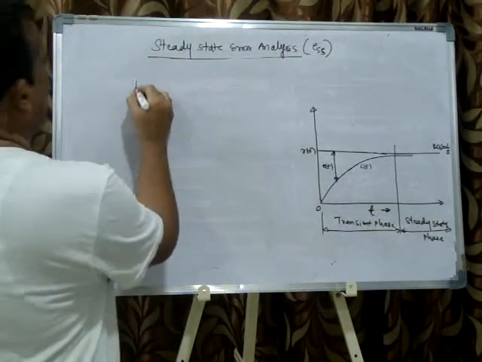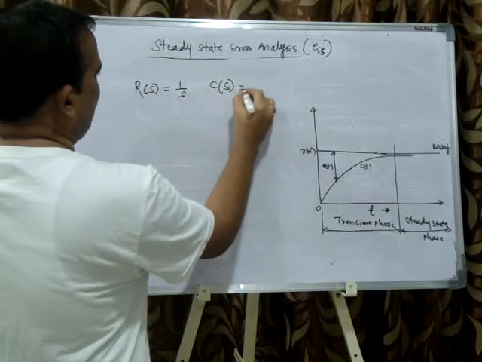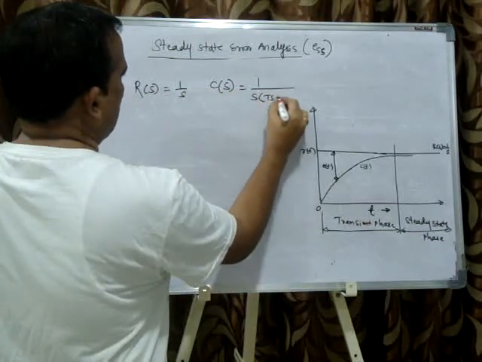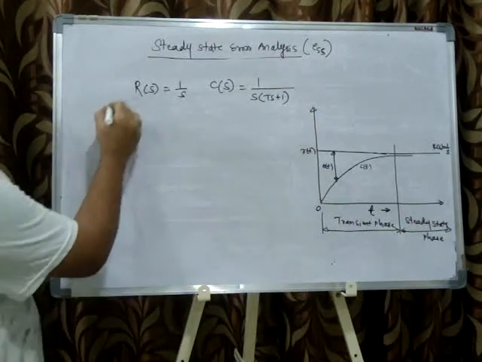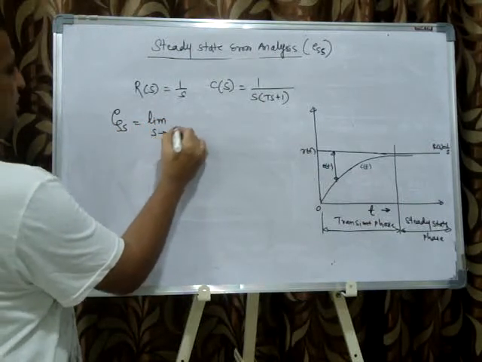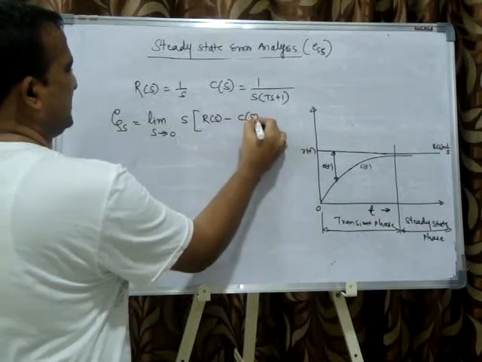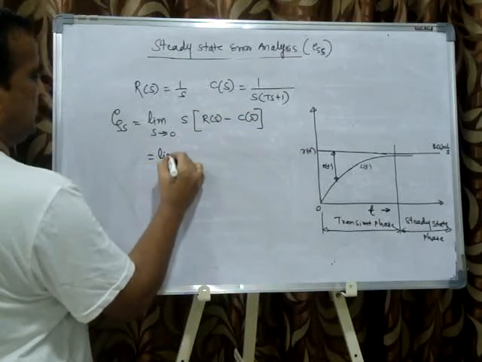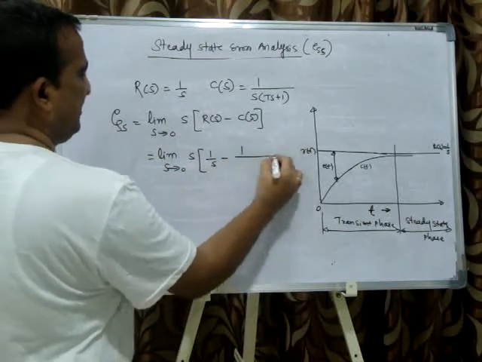I know R(s) is the unit step input, and I know the C(s) value before partial fraction. I know steady state error equals the limit as s tends to 0 of s times R(s) minus C(s). What is R(s)? 1 by s. What is C(s)?